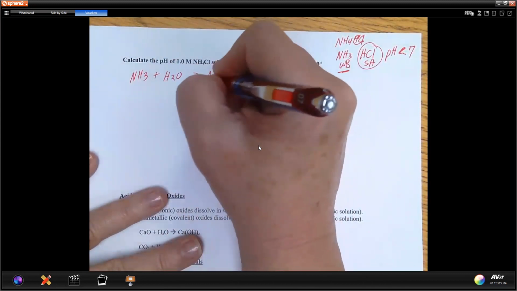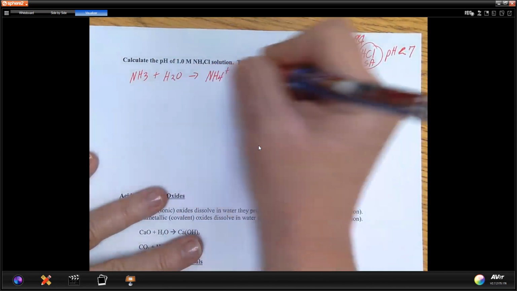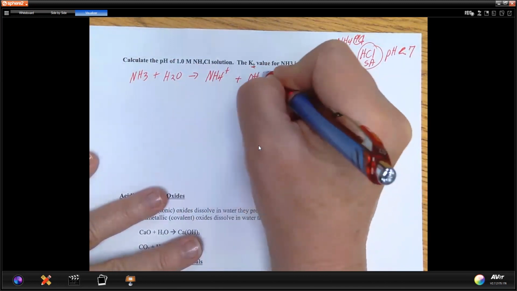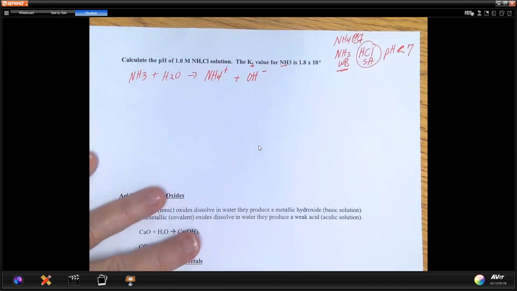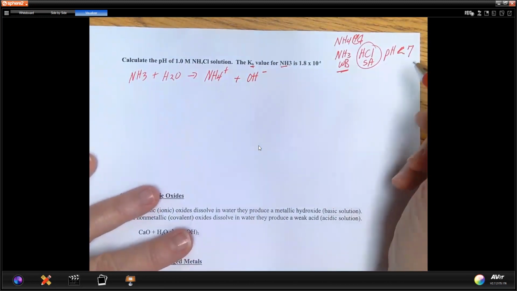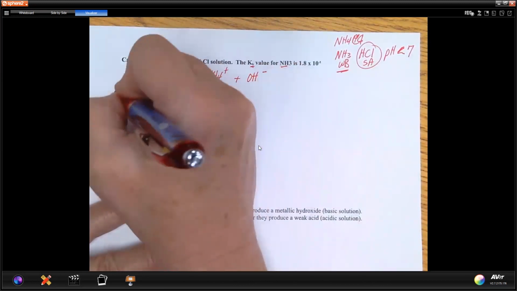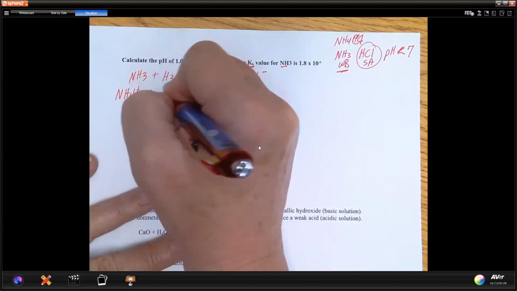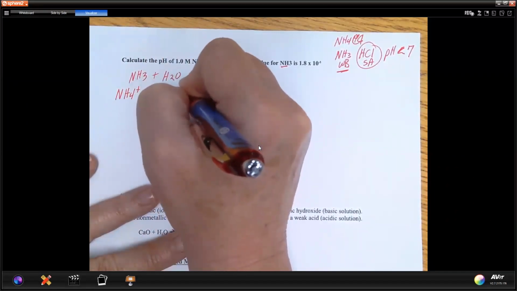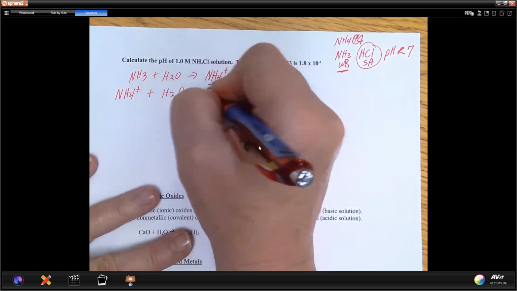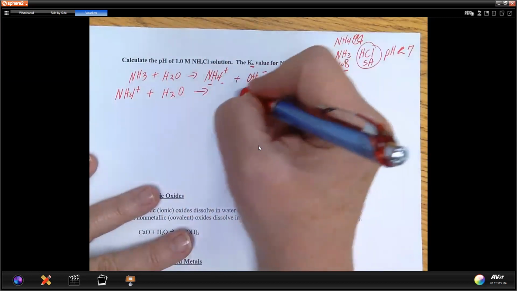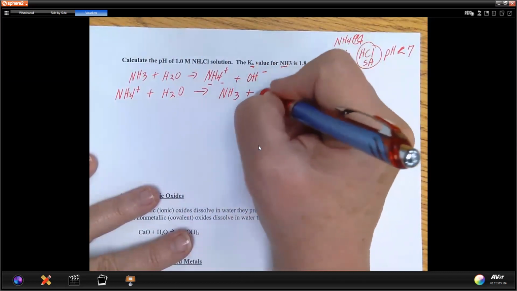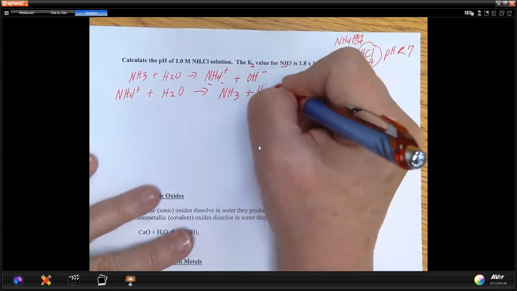And that's going to give me my NH4+, my cation, plus my OH-. All right, so when we have a strong acid, the cation hydrolyzes, or breaks the water down, or adds to the water to give me NH3 plus H3O+.